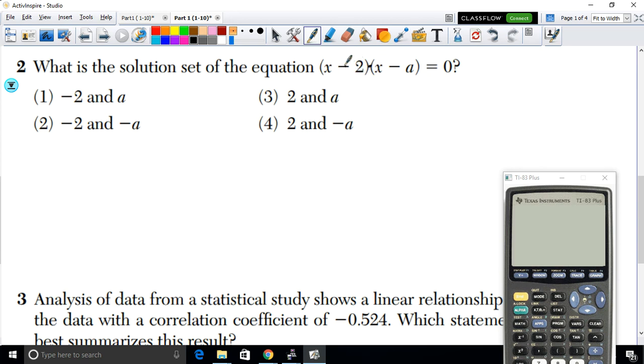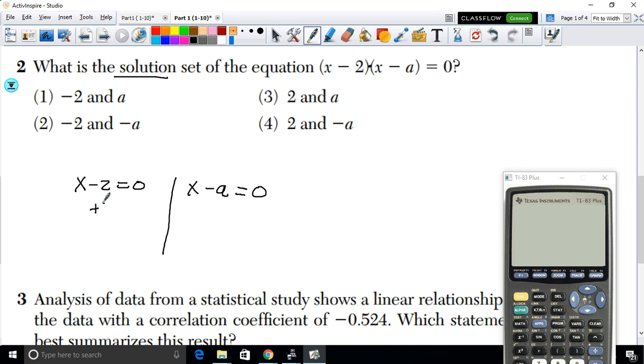When two parentheses or two expressions are multiplying and equal to 0, then you set each one of them equal to 0. So now you get x minus 2 equals 0. Get the first parenthesis, set it equal to 0. Get the second parenthesis, set it equal to 0. Because we're looking for the solution, we have to solve for x.